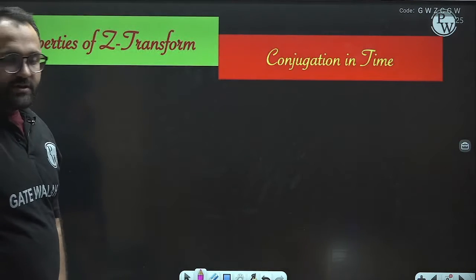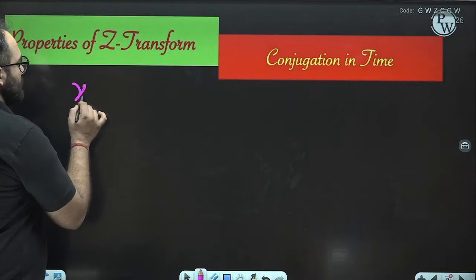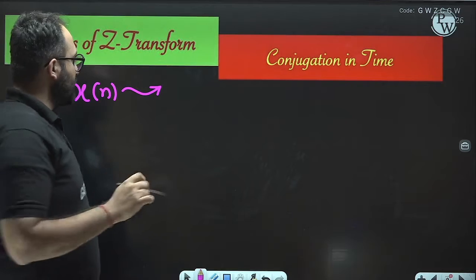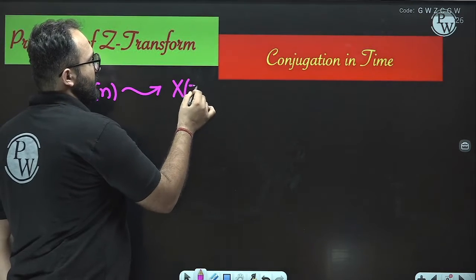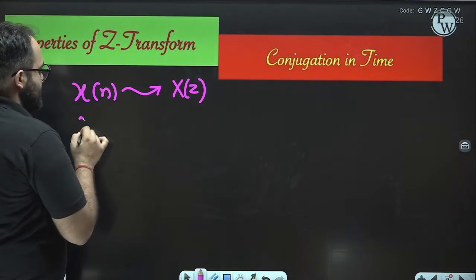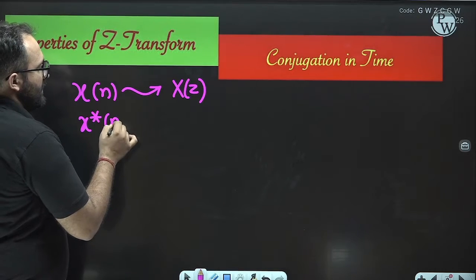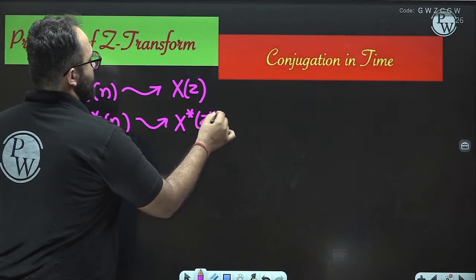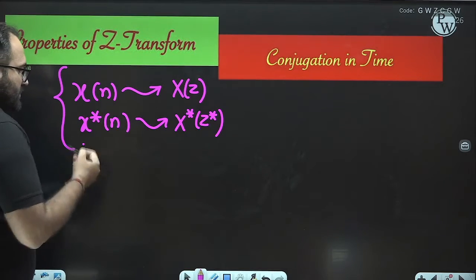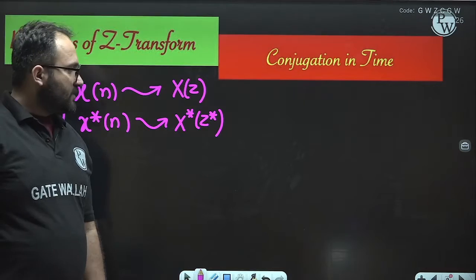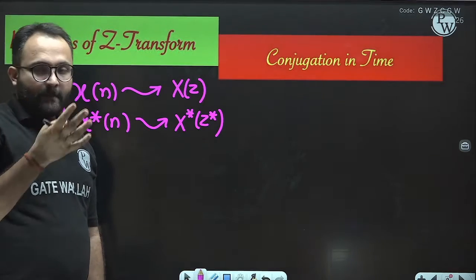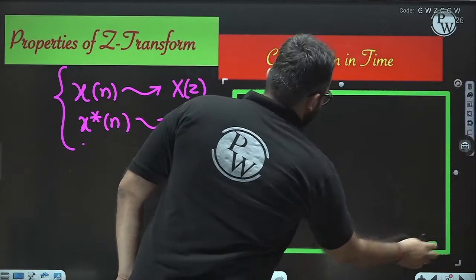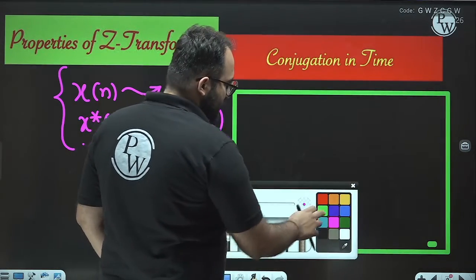Now conjugation in the time domain. The property is almost similar to that of the Laplace transform. If x[n] has the Z transform X(z), then x conjugate [n] will have Z transform X conjugate of z conjugate. These two properties are very important, and the conclusion is almost similar to that done in the Laplace. What was the conclusion?